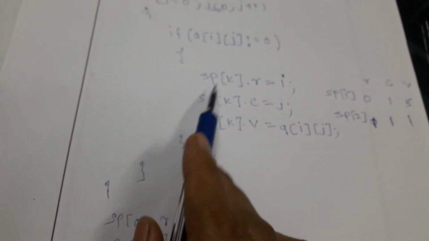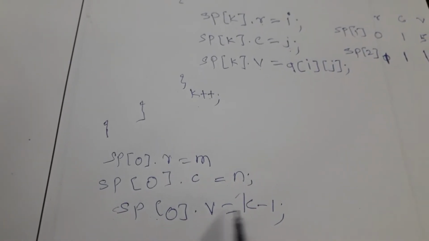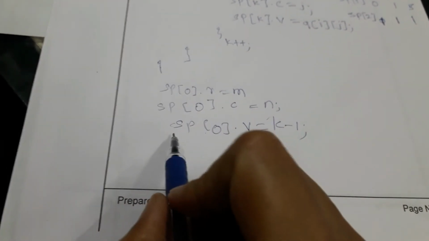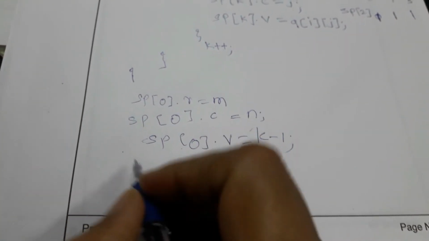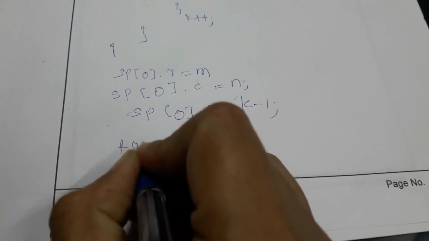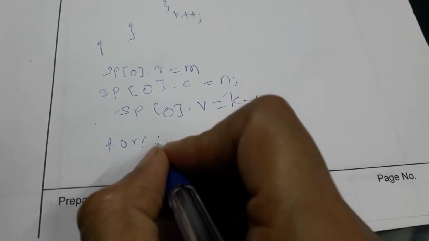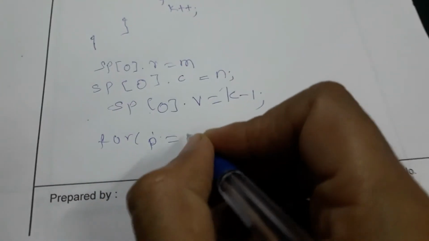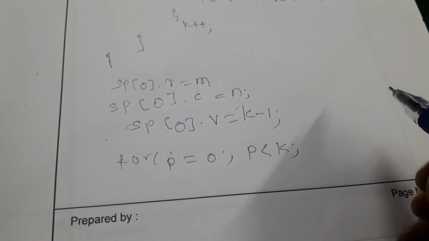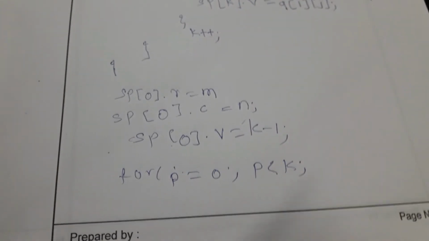How many times this if condition gets executed, that is k. So SP of 0 dot v is equal to k minus 1, and it will give you the sparse matrix, and you have to display this tuple form again by using a for loop with one variable, suppose p is equal to 0 and p is less than k, because the number of rows in tuple form is equal to the number of non-zero values.